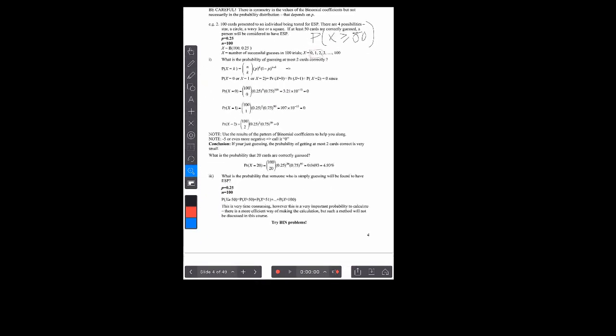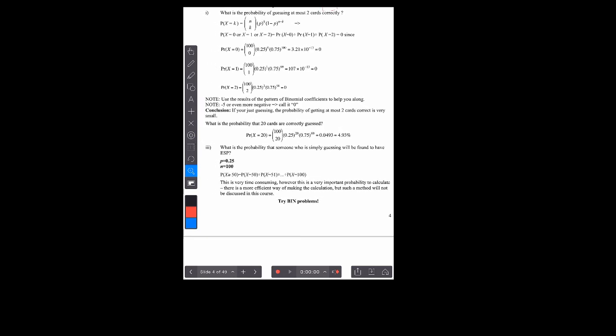So what does that mean? It means I have to apply the formula: out of 100 tries, what's the chance of getting none correct times the probability of having a correct guess, where P was 1/4.